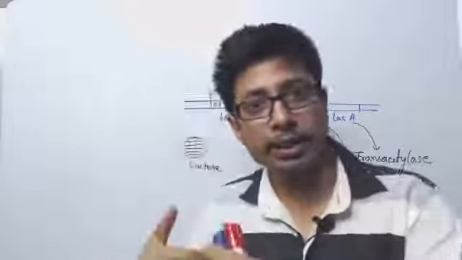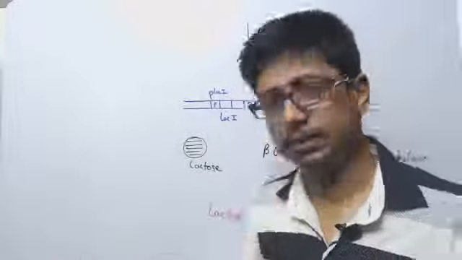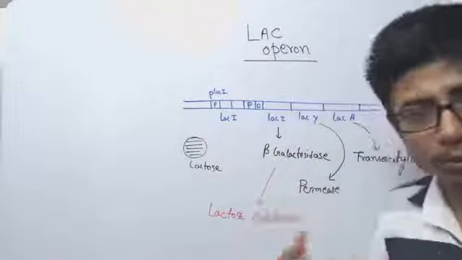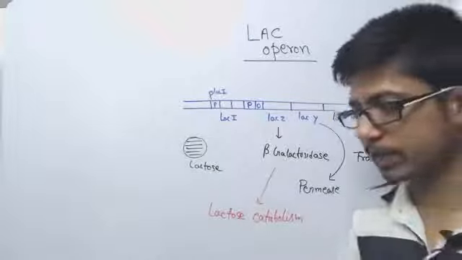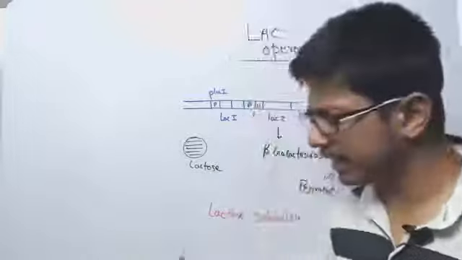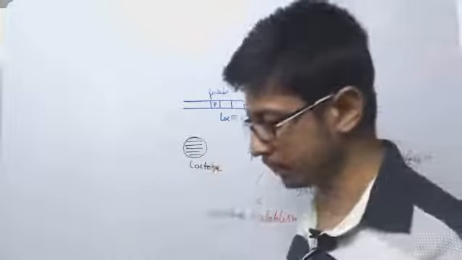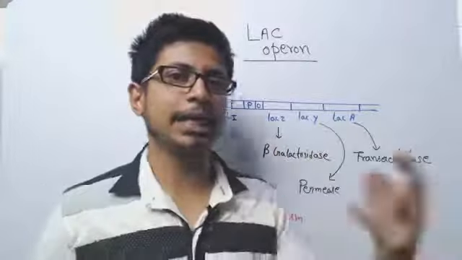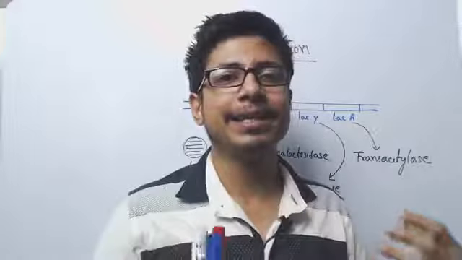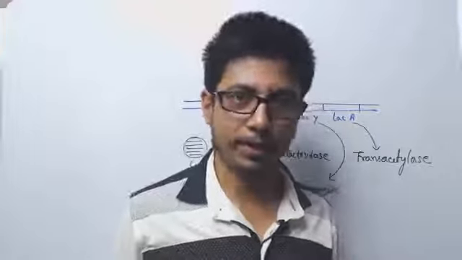Now bacteria wants to take energy out of it. The most important and preferred source of energy is glucose for any bacteria. But let's say the environment does not have any glucose, they have lactose present, and the bacteria want that lactose to take inside and produce energy from it via metabolism.